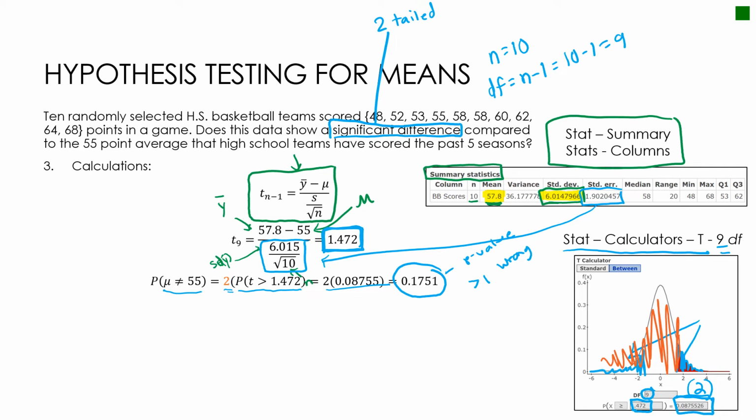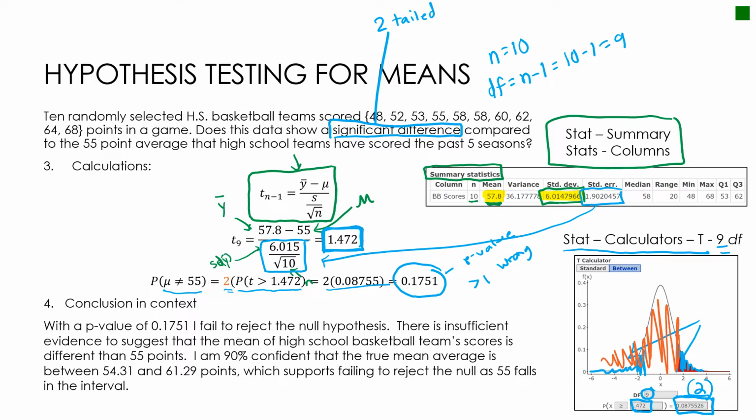Then of course I want to talk about my conclusion. Notice that I wrote the conclusion all together. And so again, if you didn't watch the last video, you should watch that before you do this one. But I included my confidence interval that I found in the last video. So this is a full conclusion.